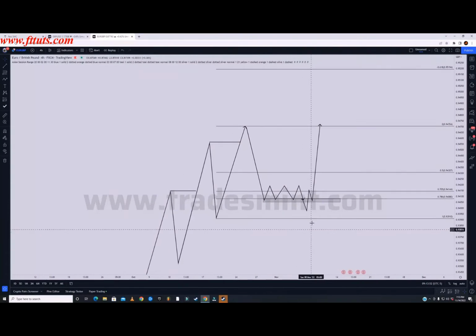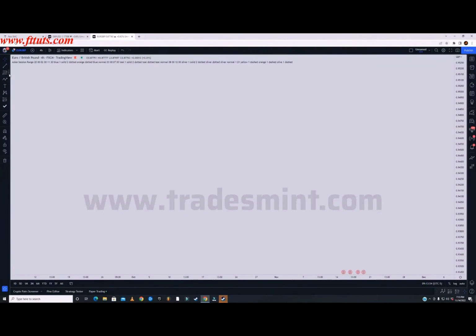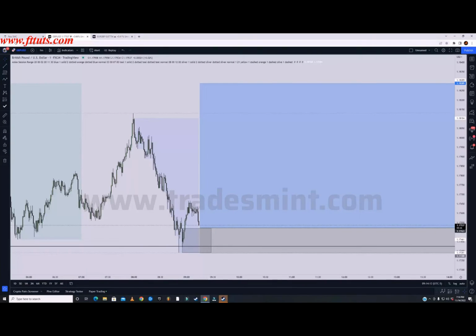All right, so one more thing that you should know is about when there's a fair value gap with the order block. So we have this candle, right? So let me put this like this. Okay, so we have this candle, and then we have, wait, what does it look like? I just forgot.